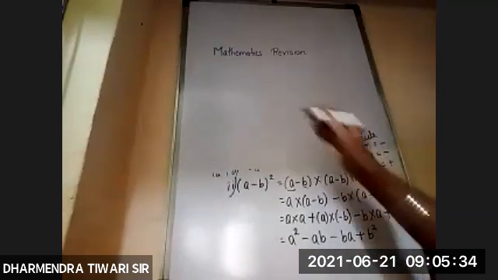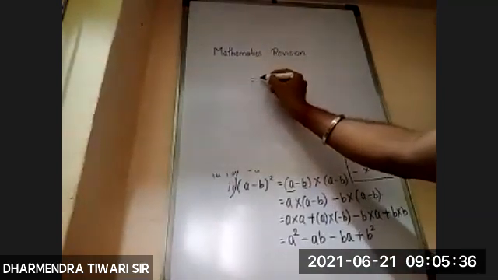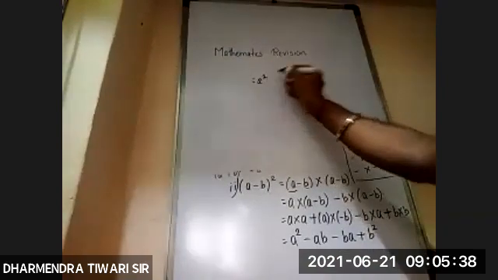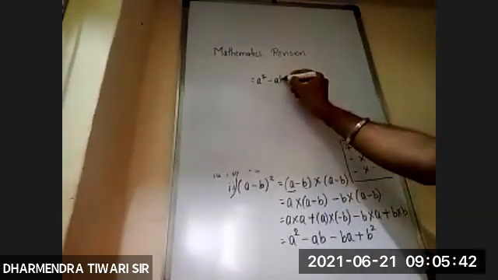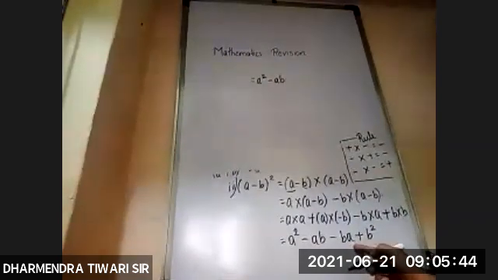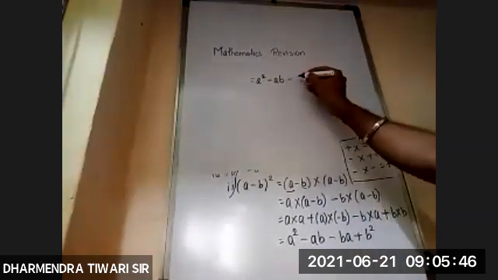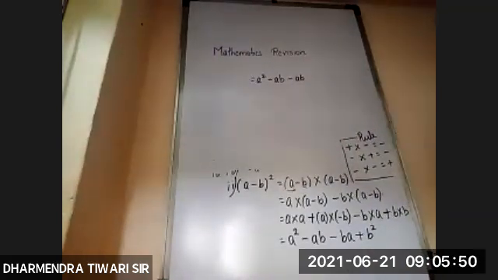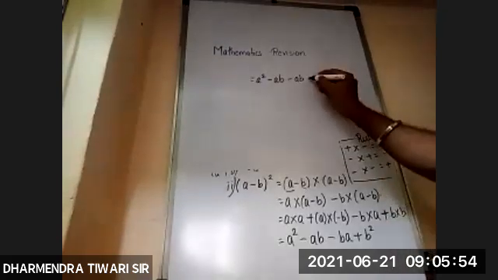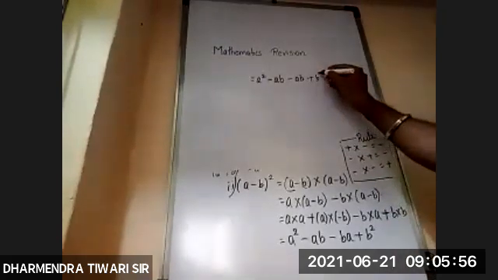Now this again can be written as A square minus AB, as we know that BA is nothing but AB. So again, I'll be writing it as AB. We have used this form in the earlier formula, so no need to explain it again. Plus B square.